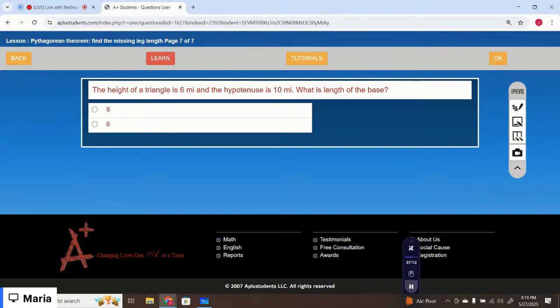What is the length of the base? That is 8. Option number 1 is the correct option.